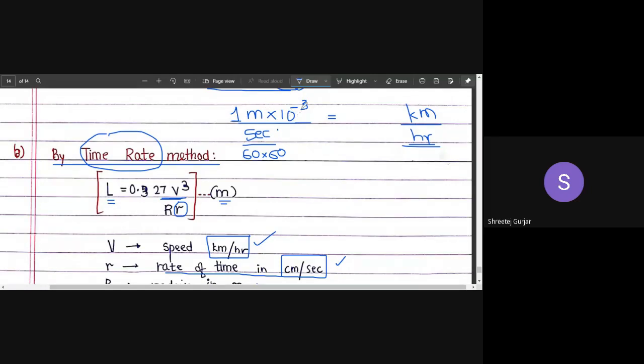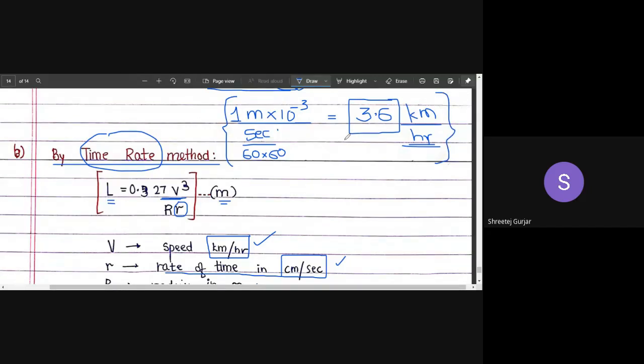One into 10 power minus 3 divided by 1 divided by 60 into 60. That is 3.6. Correct. So remember this particular value. If they give you in meter per second, you have to multiply it by 3.6 and you will get it in kilometer per hour. Have you understood? Can you verify, is it correct whatever we have done?